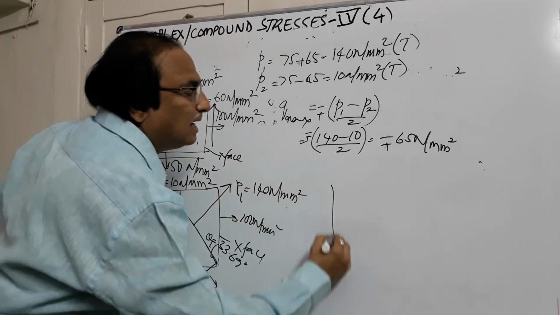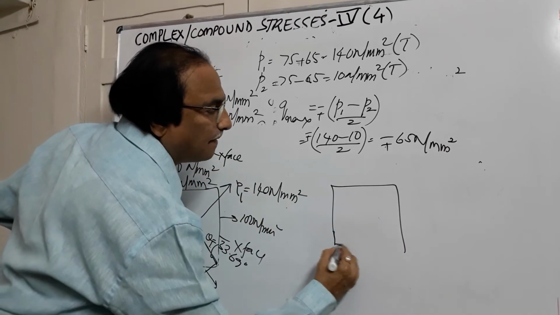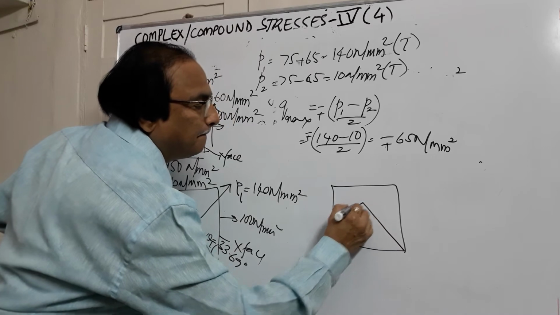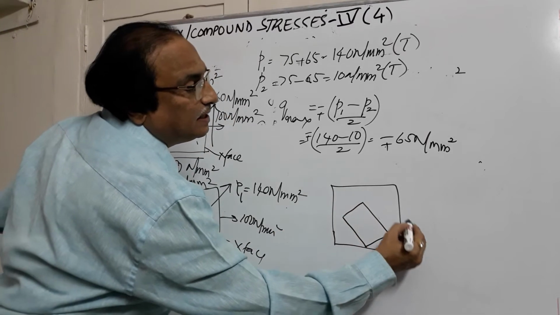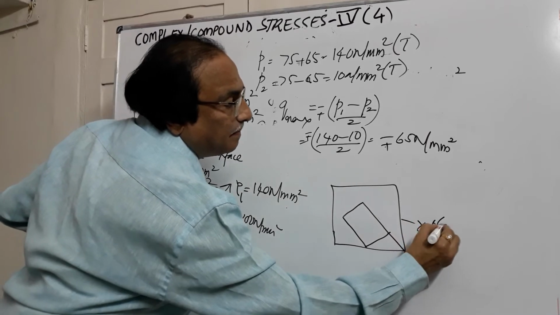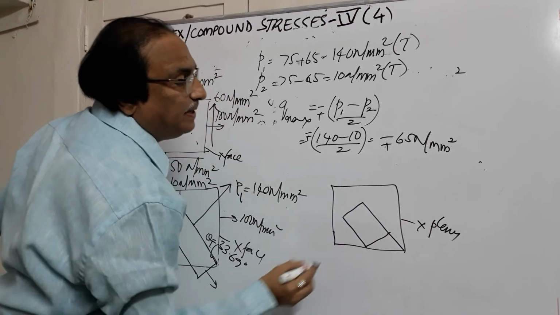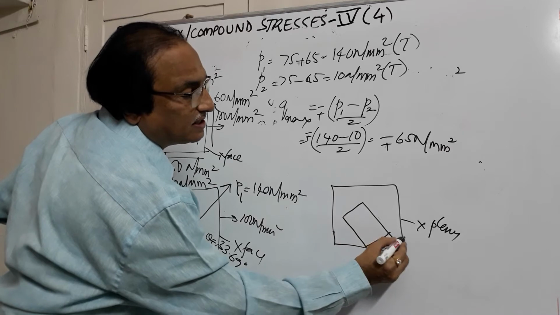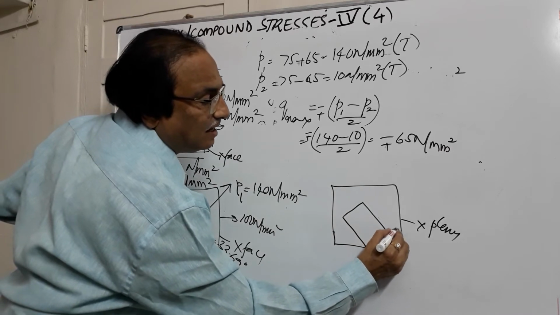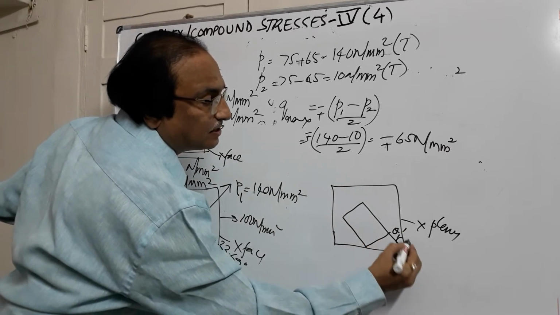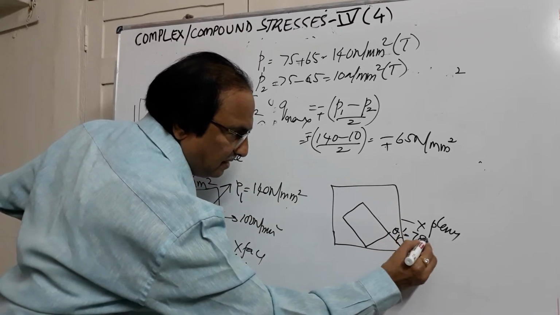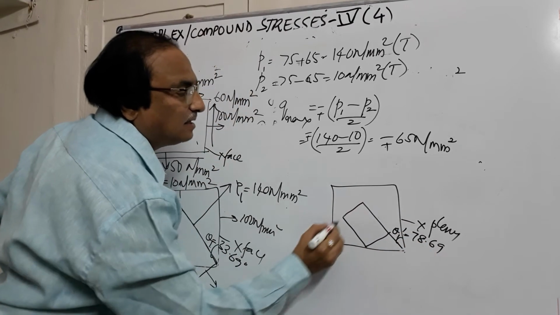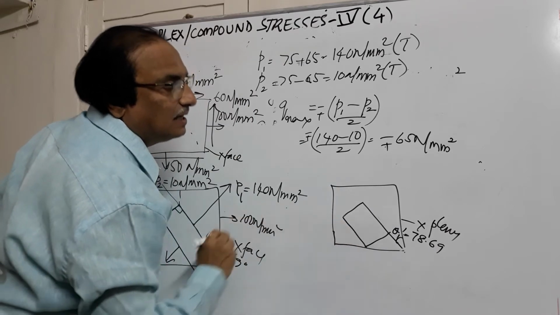If I take another diagram, this plane is the x plane, and on this plane we see the maximum shear stress acting at an angle of theta 1 dash, and we have seen theta 1 dash is equal to 78.69. There will be another plane at theta 1 dash plus 90 degrees.